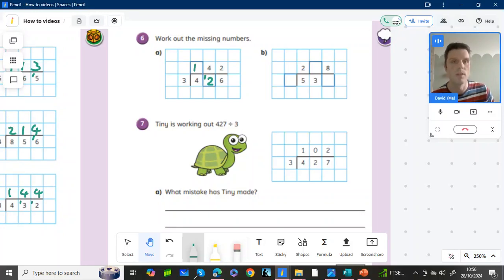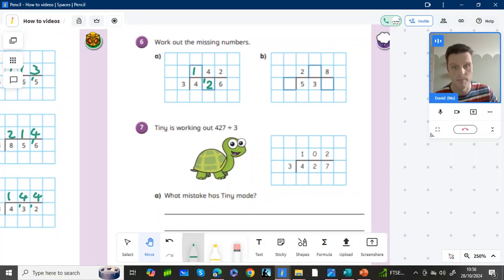Okay, so we know that 5 leaves 2, but there's probably a remainder because 5 is an odd number. So we're going to start with 2. Well, 2 goes into 5 twice with 1 left over. Okay, so we're going to do a bit of trial and error, see if this works.